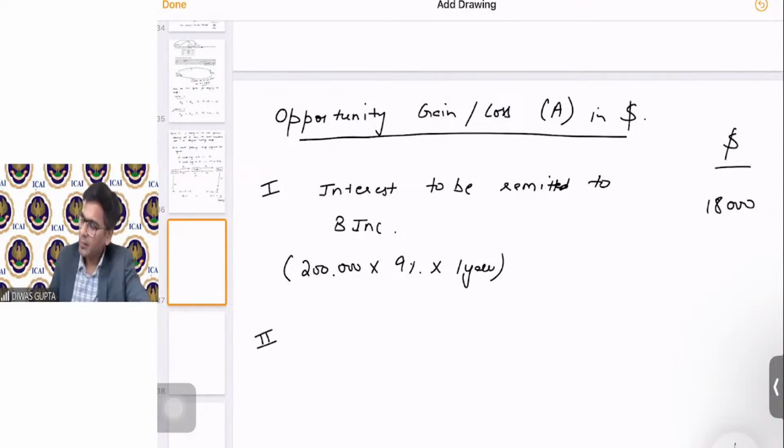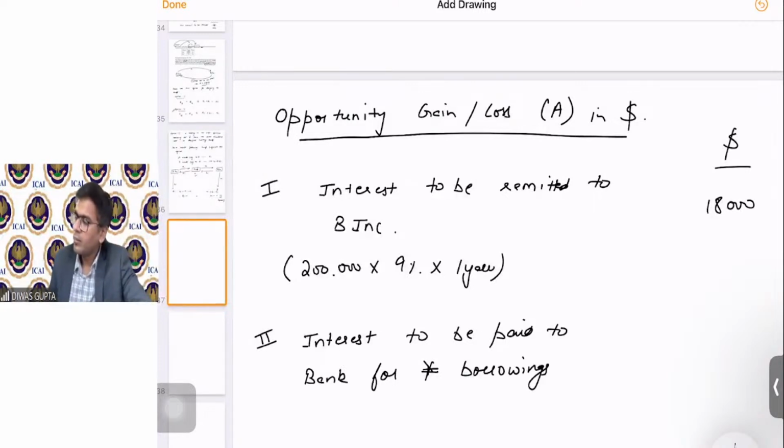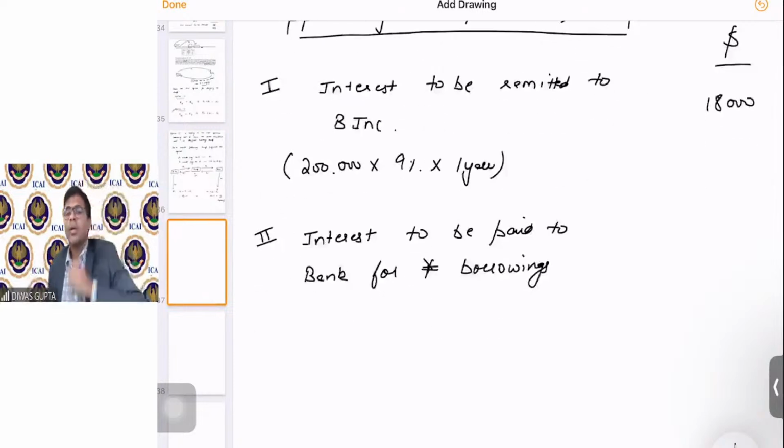Second, interest to be paid to bank for yen borrowings. Okay.